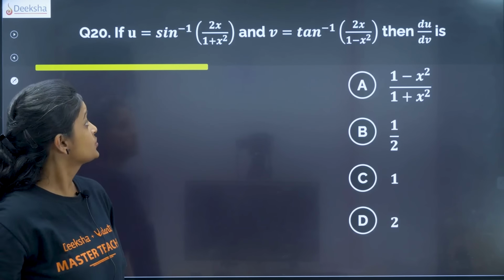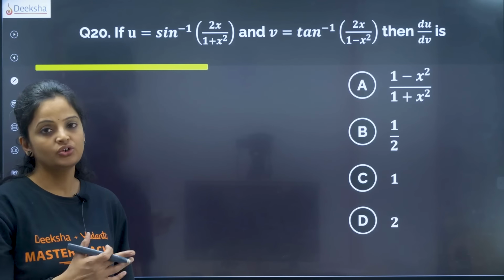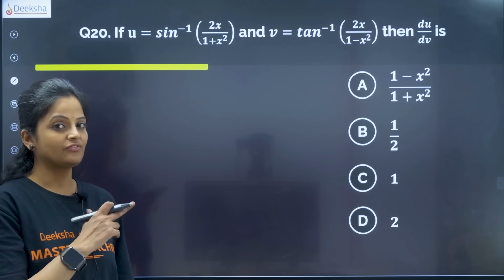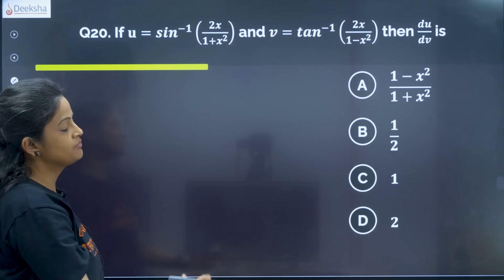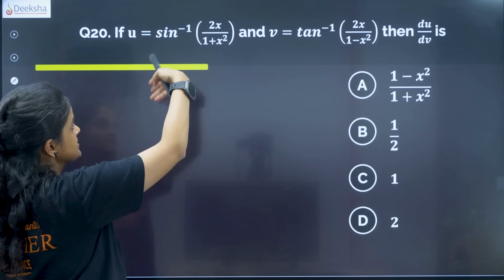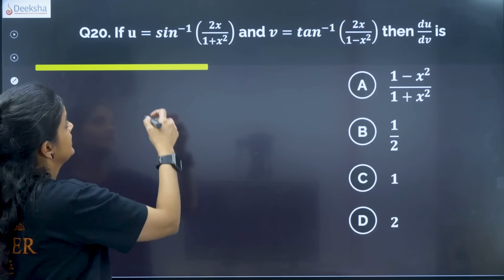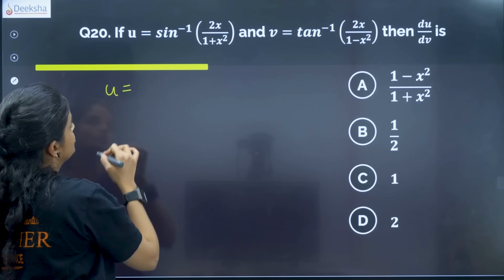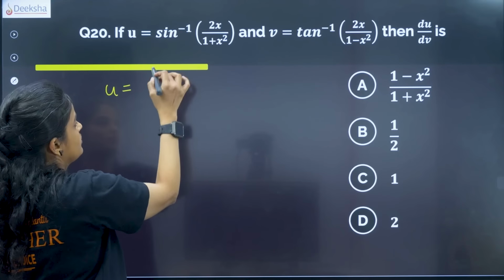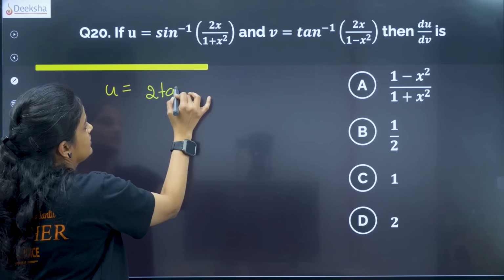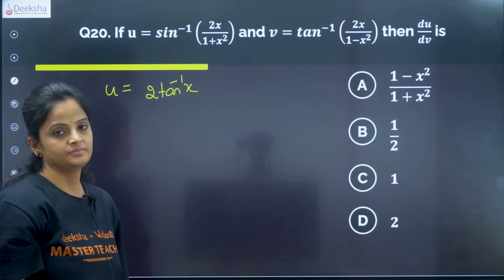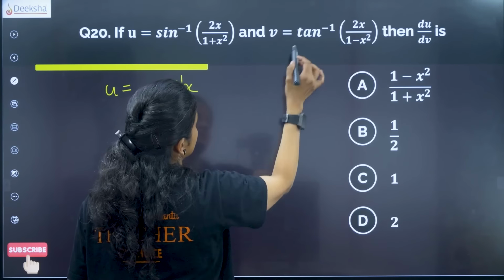Here we have the next question. Similar value you have here. If you know that formula, it will be very simple. Don't sit and differentiate both using the differentiation formula. See this, u is actually the formula for 2 tan inverse x, right? And the same thing for this.